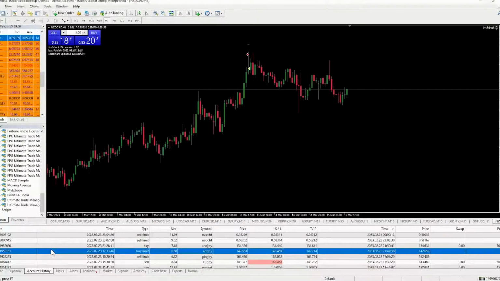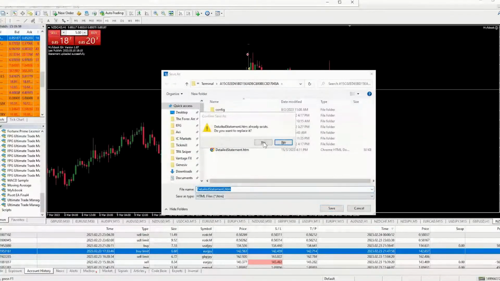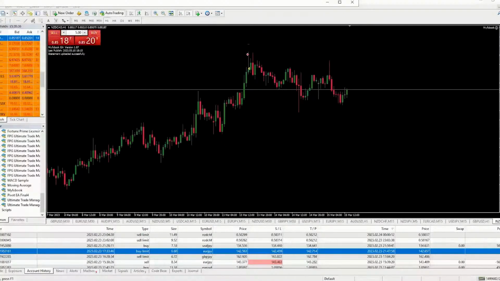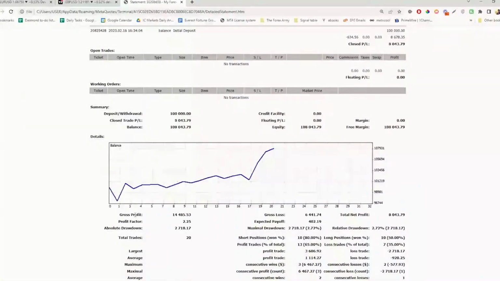So as you can see, let's do a save as a detailed report. There you go. It's a good amount of trades that you see over here. You got about 8% profit with a 2.7% drawdown. 80% win rate for short positions, 50% win rate for long positions.